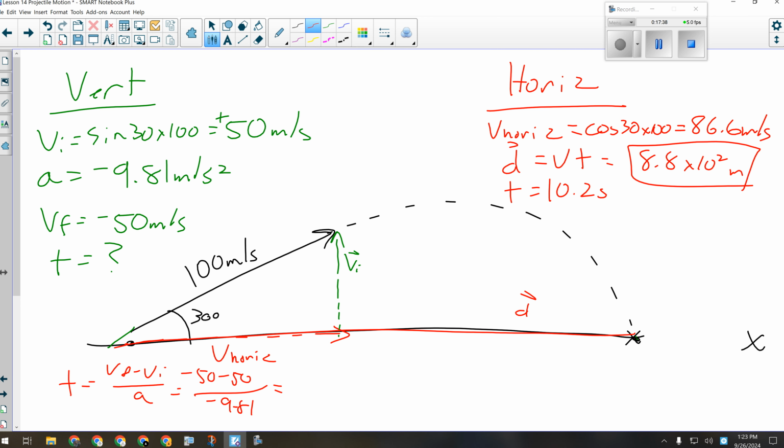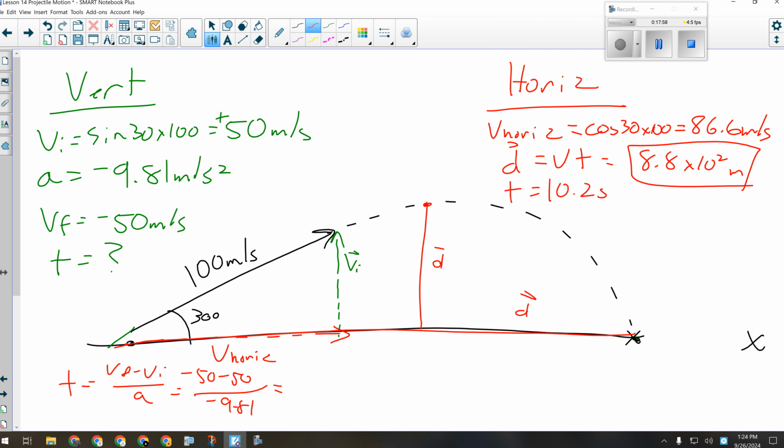Think about when I threw the marker up in the air. In terms of time, when does it hit its maximum height? The moment before it starts dropping, which would be the halfway point. Half the time it's going up, half the time it's going down, so right in the middle is where that maximum height is.